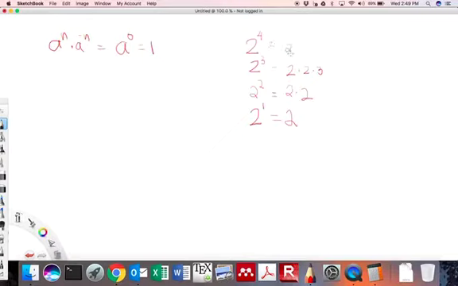2 to the fourth power, that's 4 factors of 2. So I want you to notice that as you increase this exponent by 1, multiplying by 2 has the same effect.